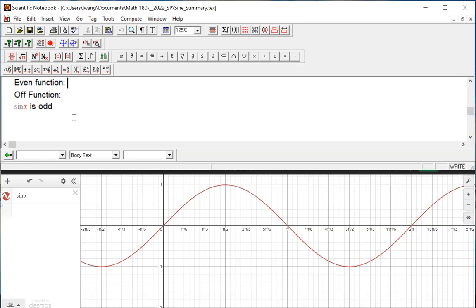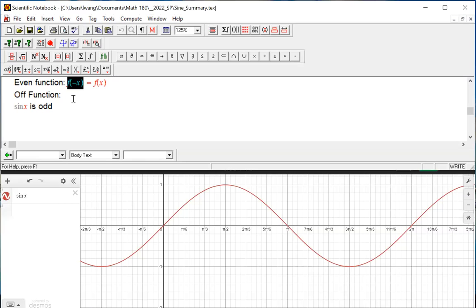Because of the way even function and odd function are defined, right? Even function is defined as that for input, opposite input produces the same output. That's an even function. Okay. How about odd function?